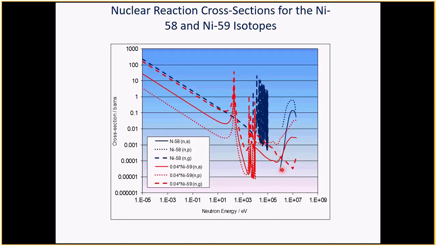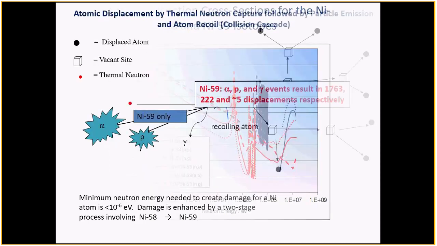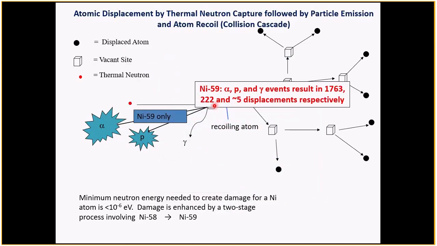So at very high energies for the naturally occurring nickel atom, this is 10 MeV, 10 million electron volts, you can get this N-alpha reaction, which would produce a lot of damage because even if it was a high energy neutron, you got a double whammy.